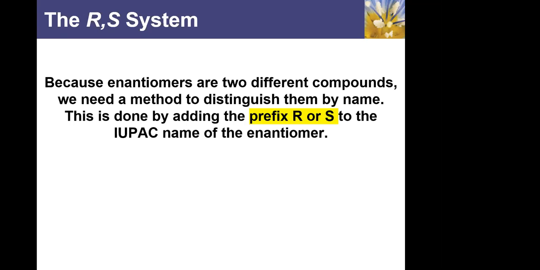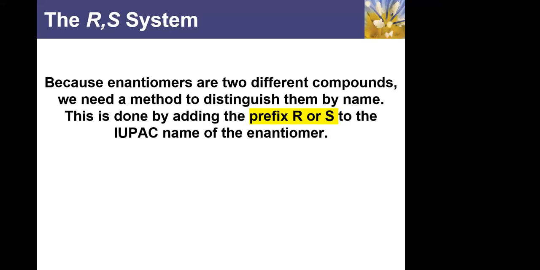And how will I distinguish these two? If this is 2-butanol and that is 2-butanol, they are not one compound, they are 2 different compounds, 2 enantiomers. How will I differentiate between them?